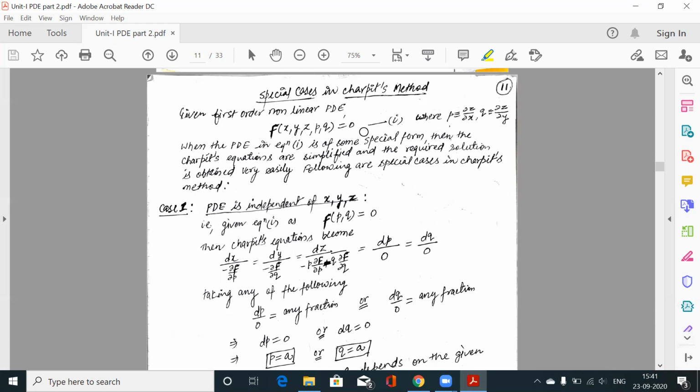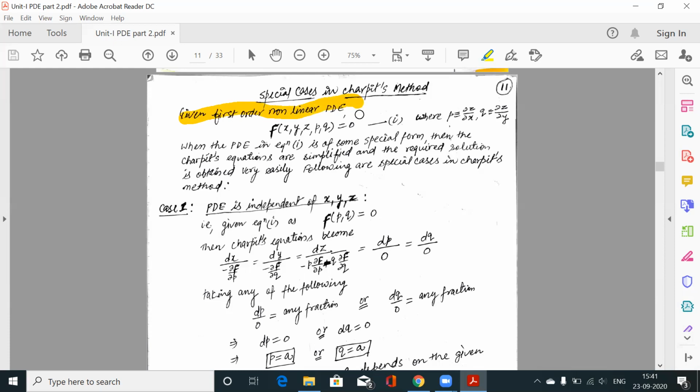The method is the same, but suppose the equation does not contain X, does not contain Y or Z. Then the process becomes easy. So this is the purpose, and this is what I have written here.